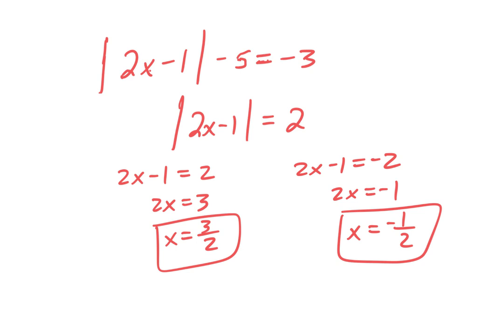All right, this next one, there's a lot of things on this next one that a lot of people make mistakes on. So I want to kind of talk about this one a little bit. Okay, once again, absolute value is not by itself yet. We want to get it there, okay?